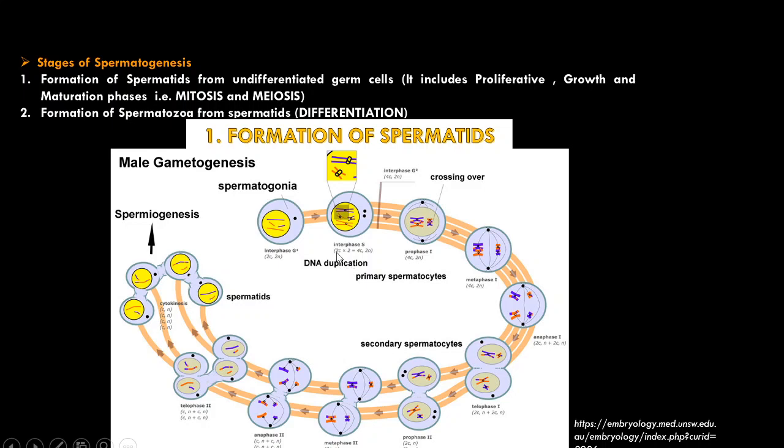So even though the cell is diploid, having 2n chromosomes, the amount of DNA is 4 times, so 4C. Then the cell undergoes maturation. They are called the primary spermatocytes. The primary spermatocytes enter into prophase 1, undergo crossing over, then go into metaphase 1, anaphase 1 and telophase 1. The primary spermatocytes change into the secondary spermatocytes.